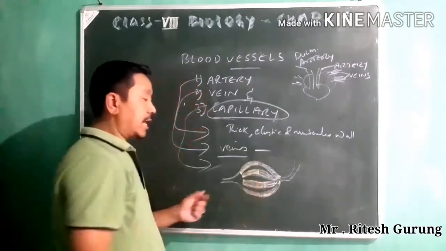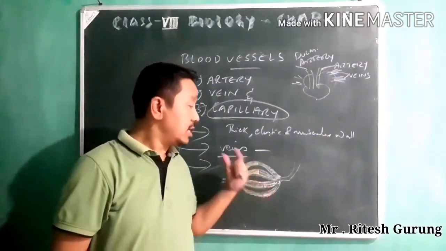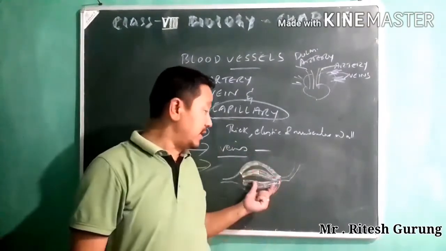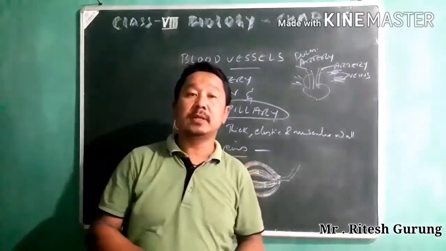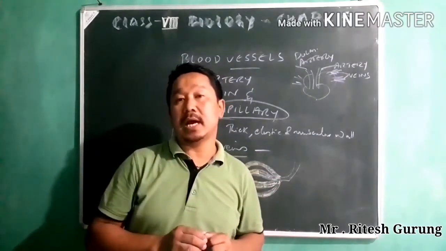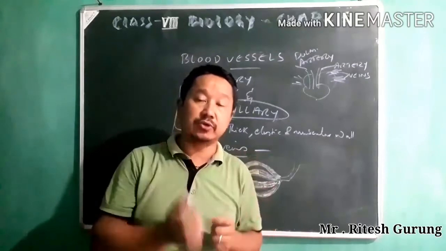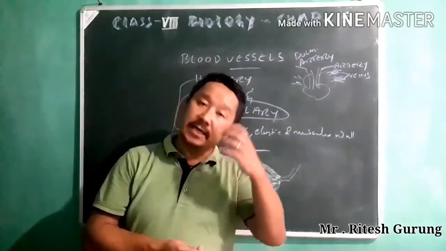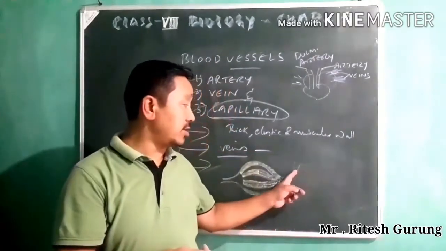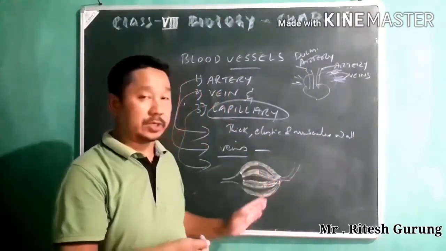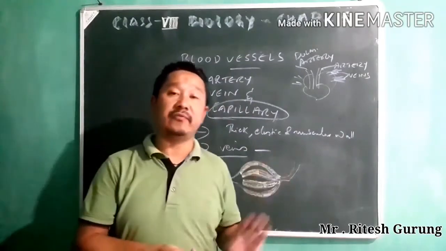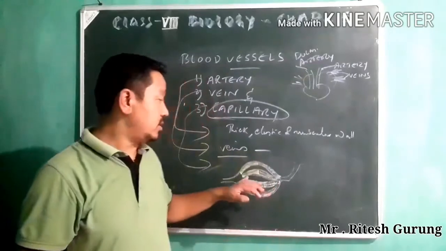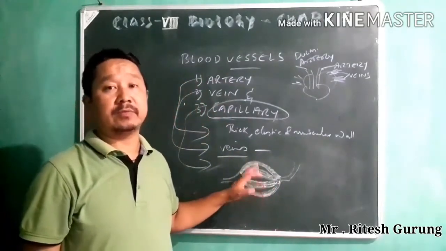So this is actually a capillary. Capillaries are the terminal branches of an artery which rejoin to form a vein. Terminal branches means the ending branches of the artery. So this is your artery which is coming here and then ending out here. These are the ending branches of this artery which rejoin to form a vein.